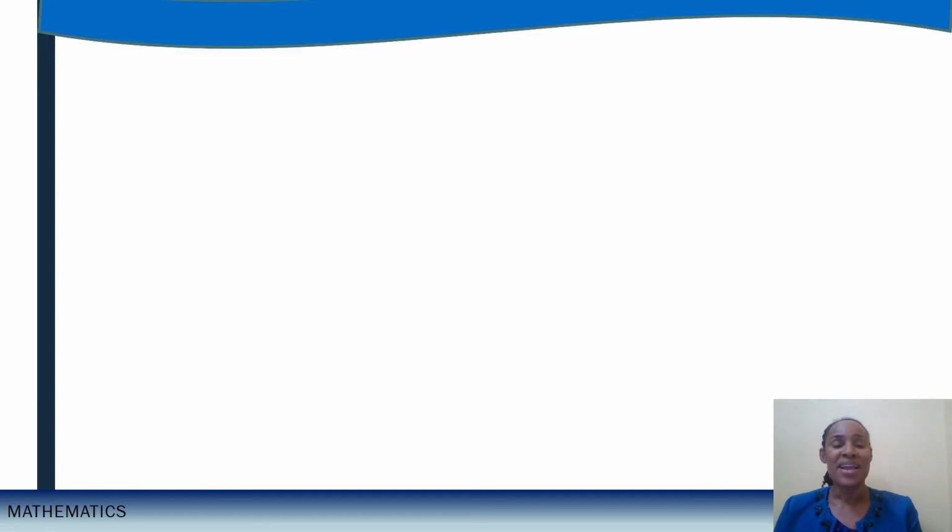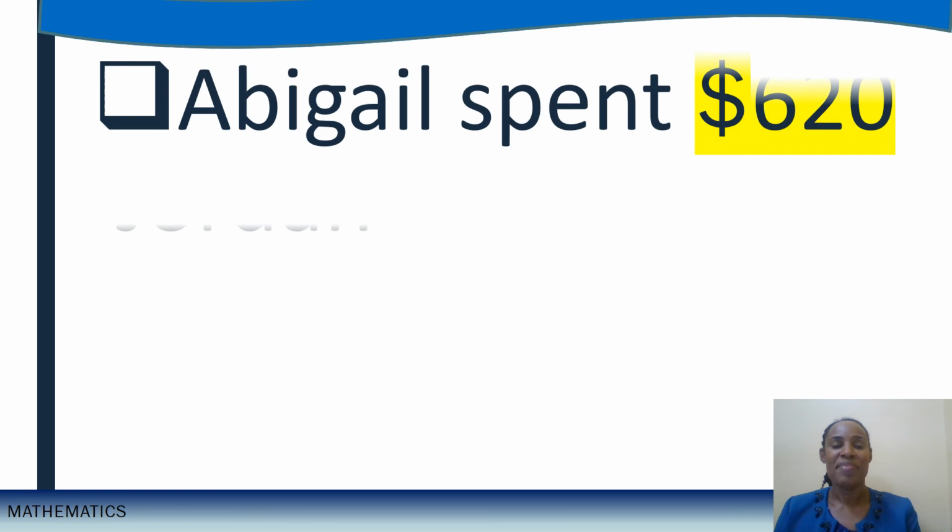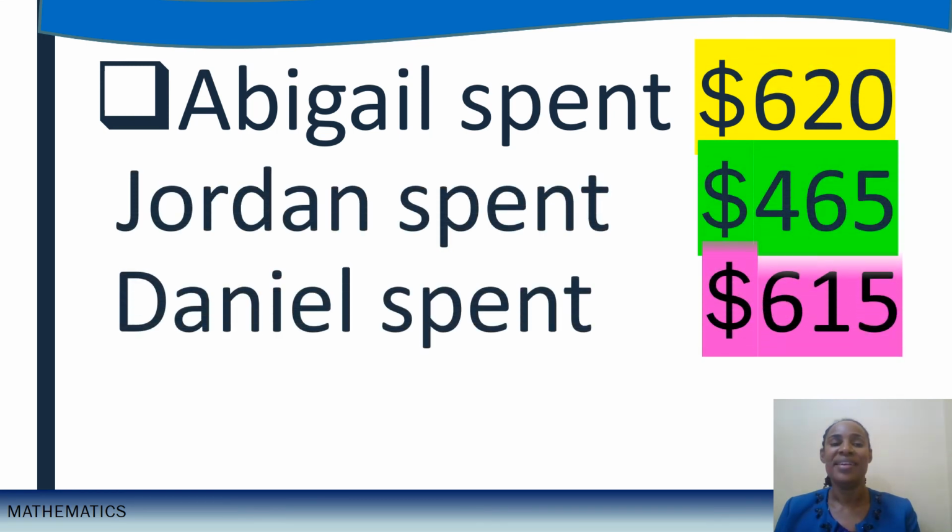Now let us remind ourselves of the amount of money spent by each student. Abigail spent $620, Jordan spent $465, and Daniel spent $615.